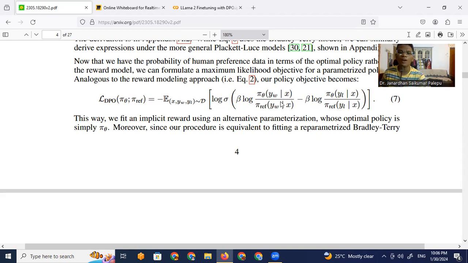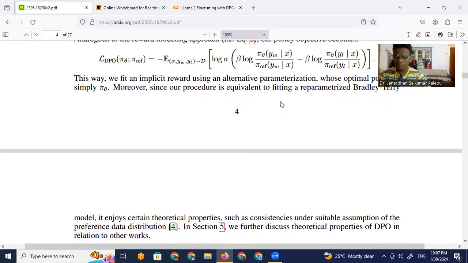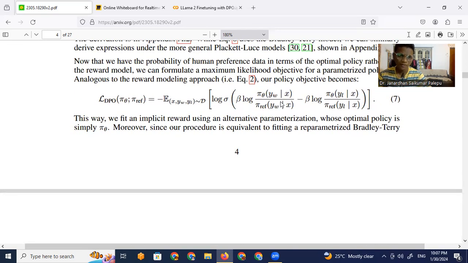So in order for the model to decrease the loss function, it has to give higher probability to the preferred answer and lower probability to the rejected answer, while also maintaining stability, that is, making only small changes.